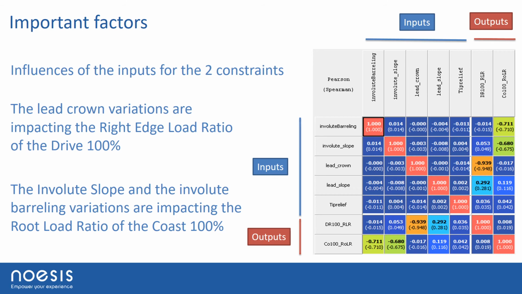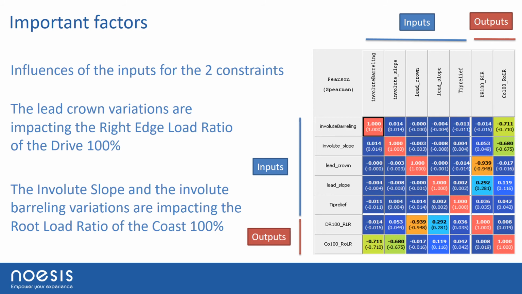You see, for example, involute barreling has a 100% correlation with itself, which makes sense, and almost no correlation with the other inputs, because of course those inputs don't depend on this value. All those inputs are chosen independently.